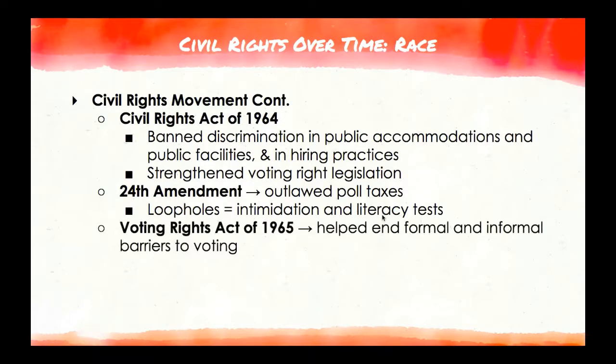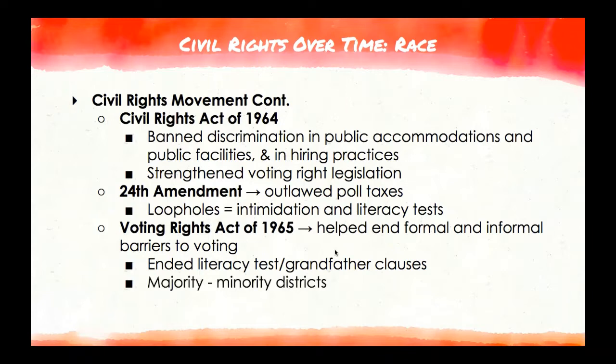And we're going to see the passage of the Voting Rights Act of 1965. And that is going to help end the formal and informal barriers to voting. So you're going to get rid of those literacy tests. You're going to get rid of the grandfather clauses, as I just said. And then also the Voting Rights Act is going to discuss majority and minority districts, which we've actually talked about with our landmark case of Shaw v.